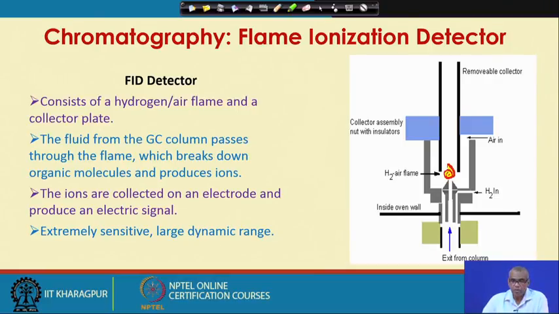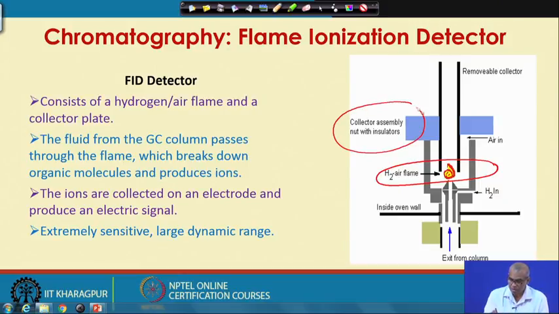So, the flame ionization detector consists of a hydrogen air flame and a collector plate. So, this is the hydrogen air flame and this is the collector assembly to collect the produced ions. Here, the fluid from the gas chromatography column enters the flame ionization detector.